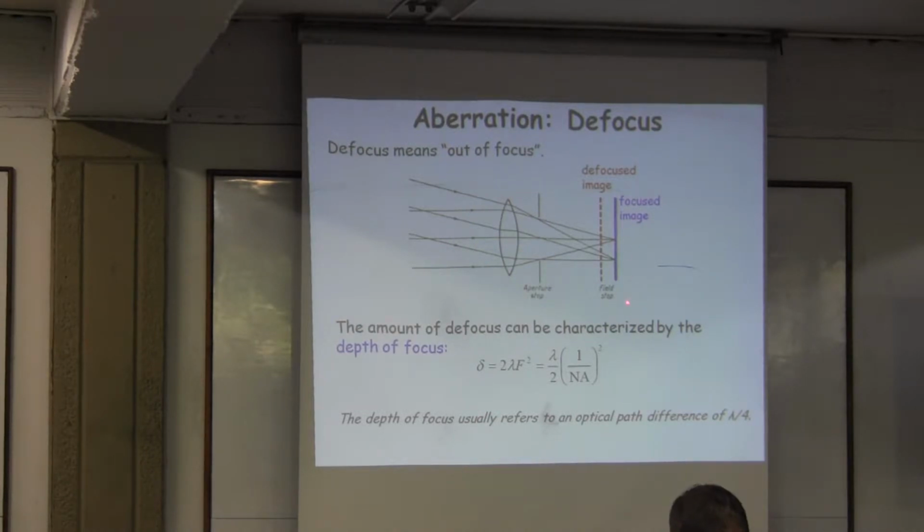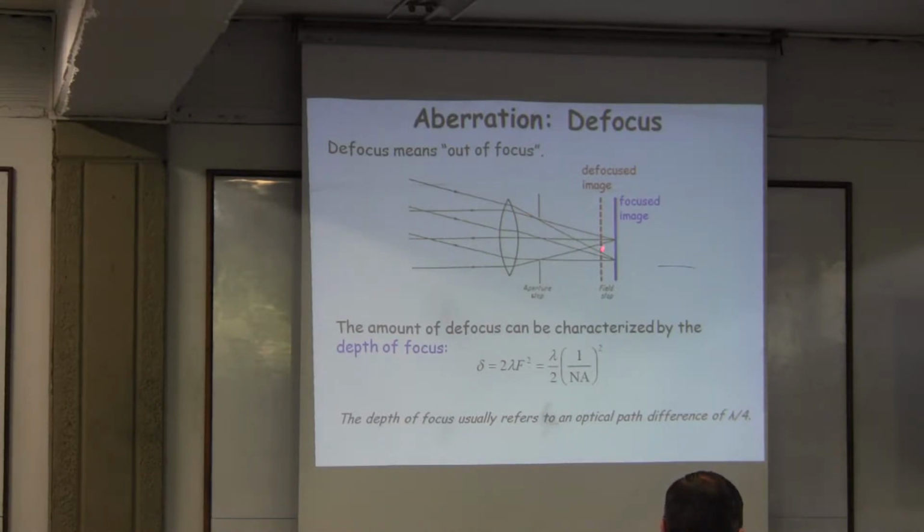And defocus simply means that your focal plane is not where it's supposed to be. You can see in this picture, this is where the image is focused, and let's say you accidentally put your detector here. Then the point that would be here is spread out over a much larger area, meaning your image is fuzzy if you're not focused.